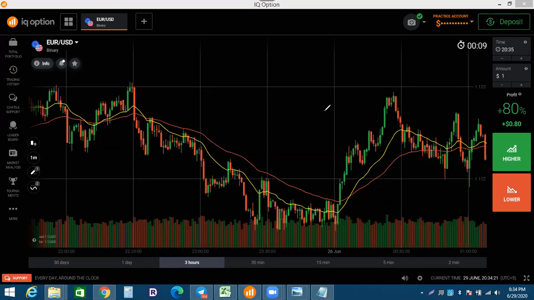What they do, they have so much money, and if the trend is here, they can watch that all the stop losses of the small traders are there. They just use the smart money and drop the market till this area.